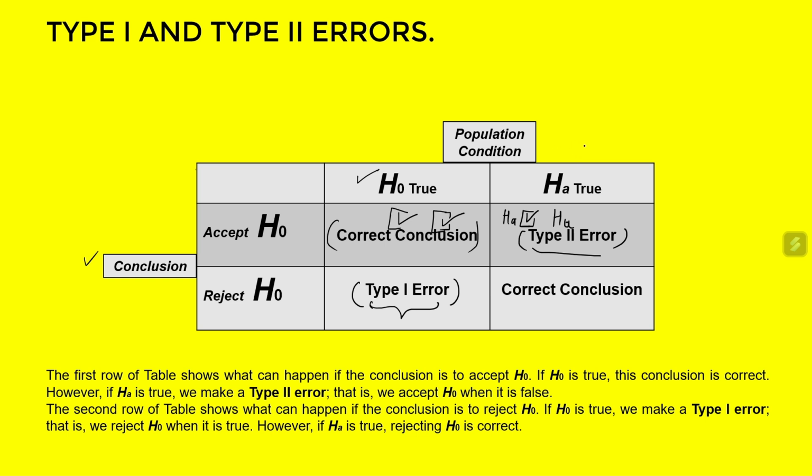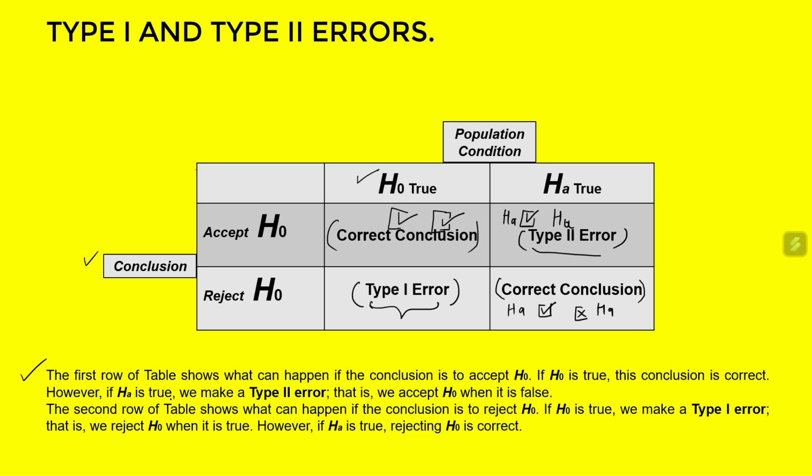Now the last condition: HA is true and we are rejecting H naught. So this is also a correct conclusion. Let's read out the written statement over here. The first row of the table shows what can happen if the conclusion is to accept H0. If H0 is true, this conclusion is correct.